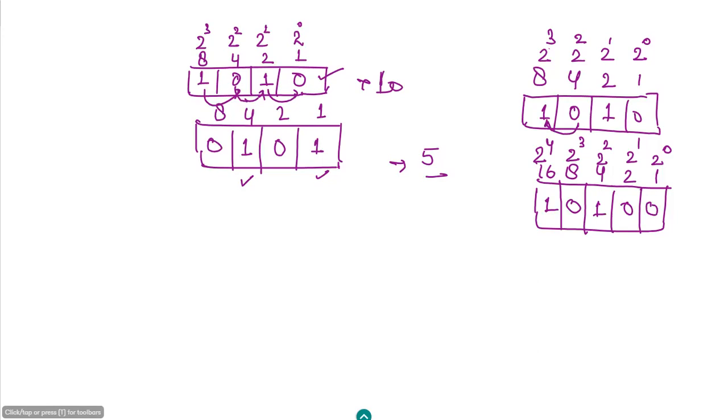Now calculate the value by fetching where 1 is present. So 16 plus 4 becomes 20, shifted to the right side by 1 bit. Is it clear? Yes. Okay, let's do some practical.